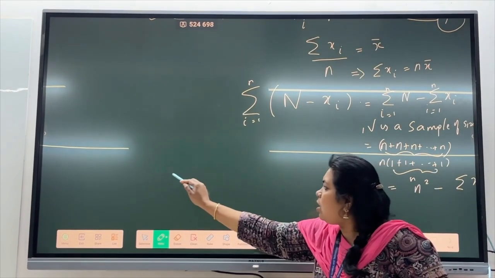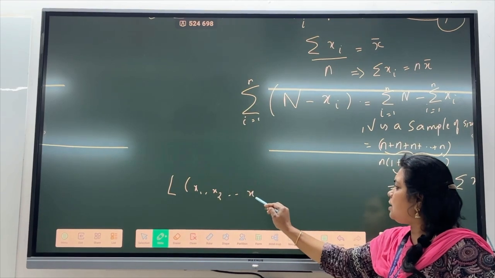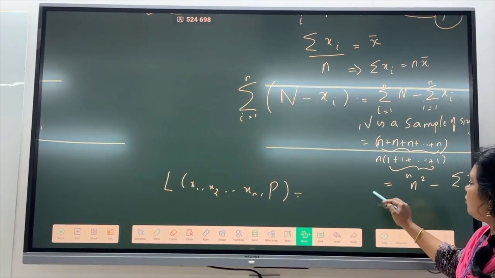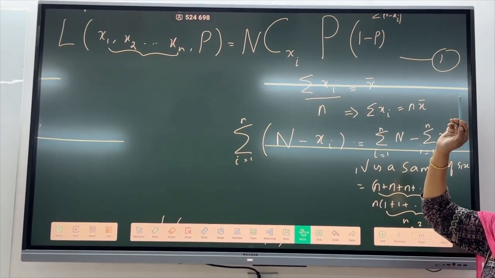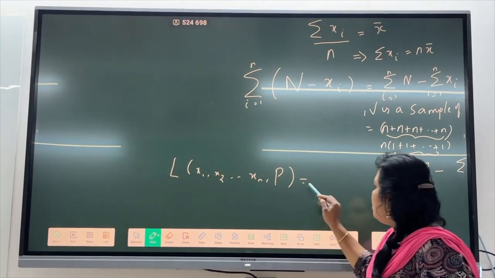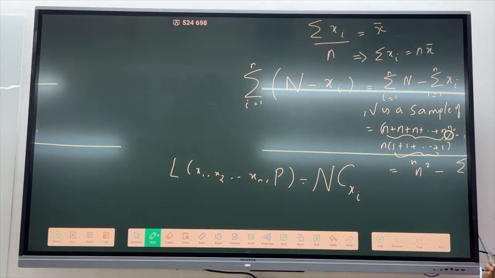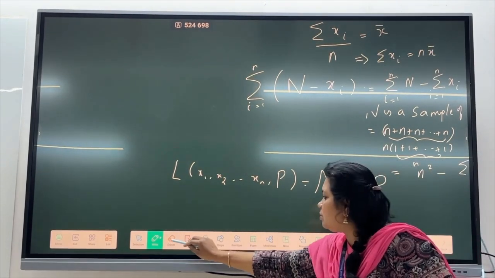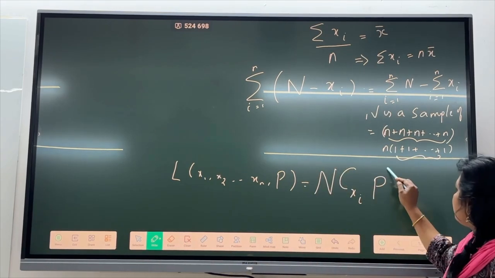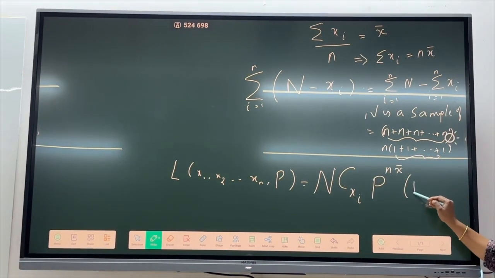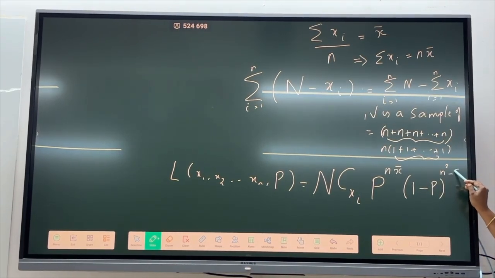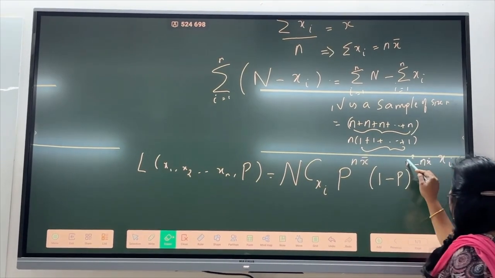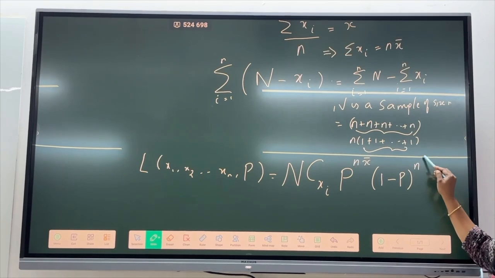L of x1, x2, up to xn, P equals NC xi, P power summation xi, which is n x bar, times 1 minus P power N square minus n x bar.